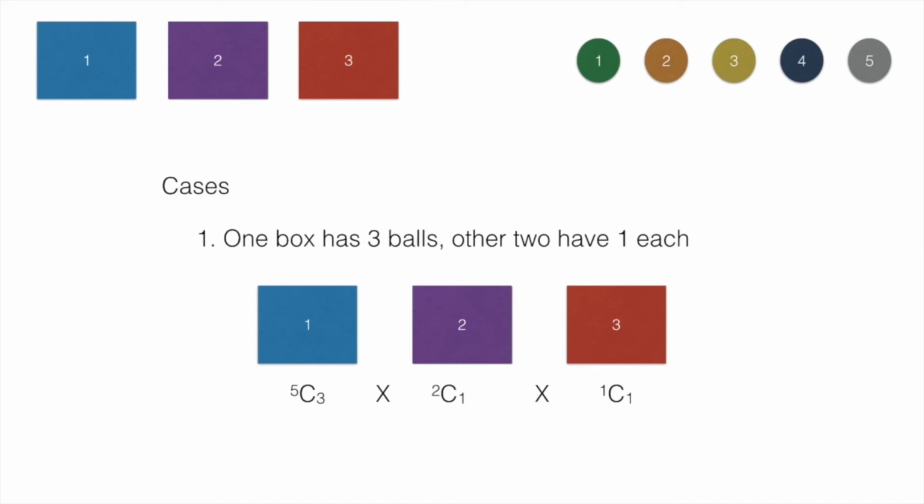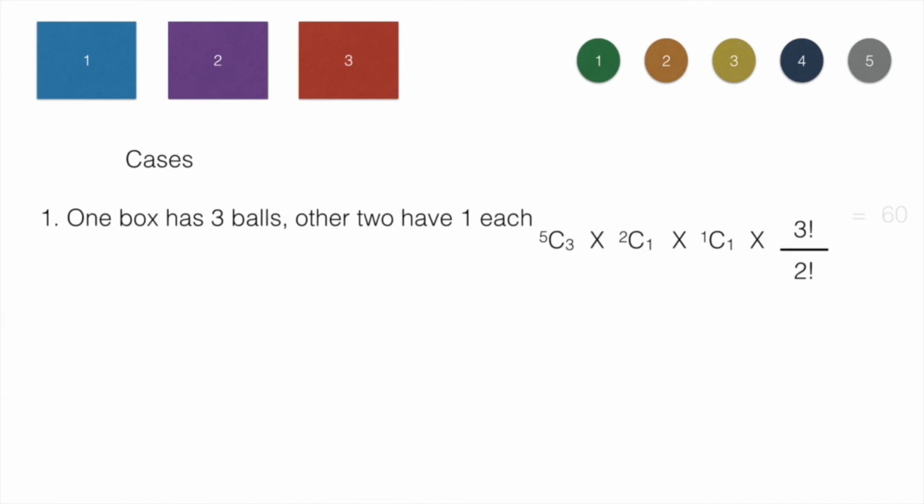Here our job is to arrange the numbers 3, 1 and 1. We have 3 objects of which 2 are alike. Hence number of permutations is 3 factorial divided by 2 factorial. So total cases would be 5C3 multiplied by 2C1 multiplied by 1C1 multiplied by 3 factorial divided by 2 factorial.